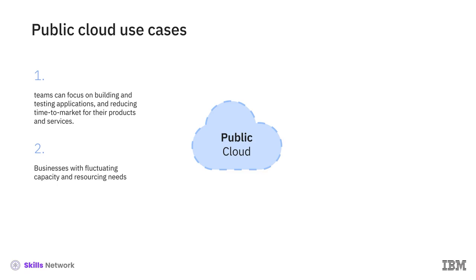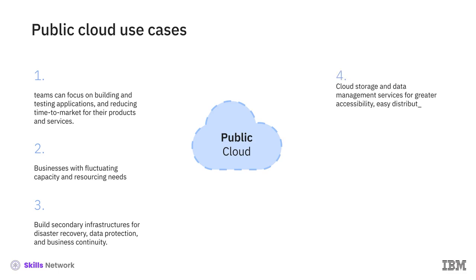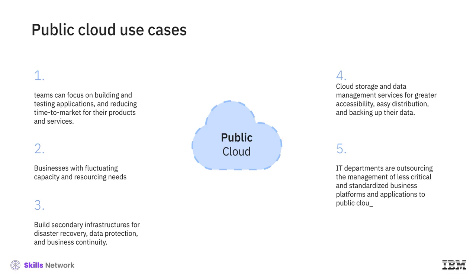Organizations are using public cloud computing resources to build secondary infrastructures for disaster recovery, data protection, and business continuity. More and more organizations are using cloud storage and data management services for greater accessibility, easy distribution, and backing up their data. IT departments are outsourcing the management of less critical and standardized business platforms and applications to public cloud providers.